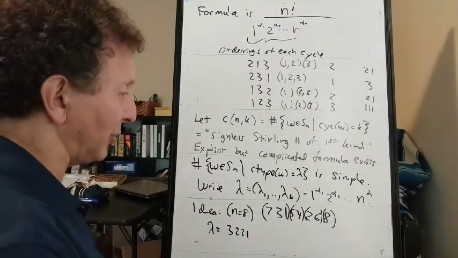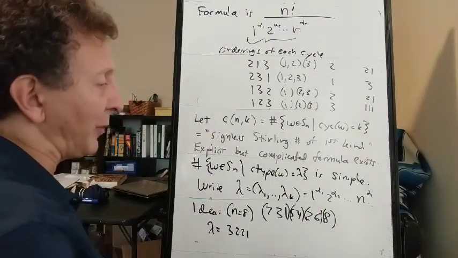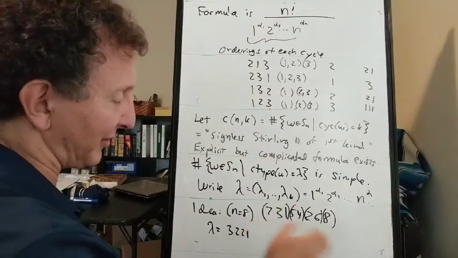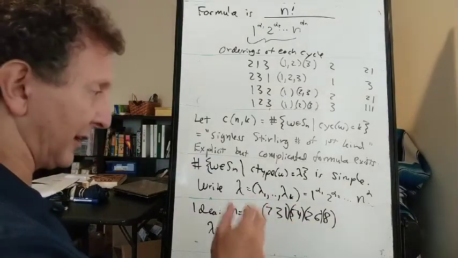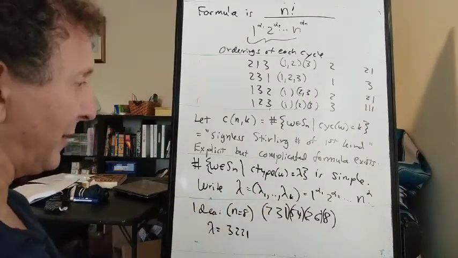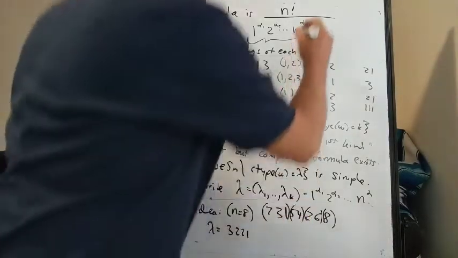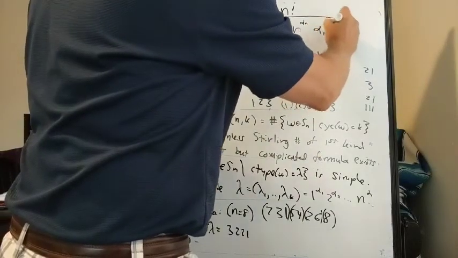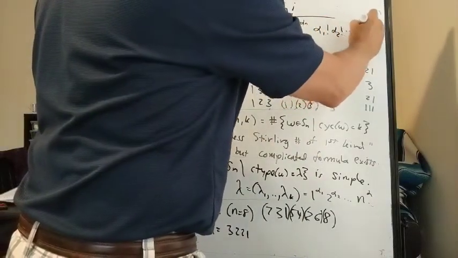But then we need to think about how many ways there are to permute cycles that are the same size, that are going to give us the same permutation even though they look different using this method. So alpha 1 factorial, alpha 2 factorial, etc. up to alpha n factorial.